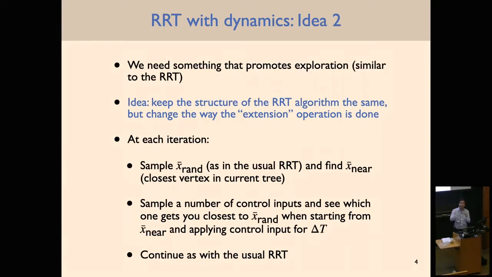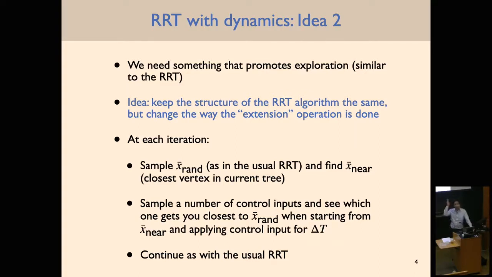If we assume that your robot can execute any trajectory, then we could just connect x_rand to x_near with a line segment. But because your robotic system has dynamics constraints, you can't just follow a line segment in state space, as we saw with the car example, or the planar quadrotor that cannot just translate sideways. So here's one idea: we can sample a number of control inputs and see which one gets you closest to x_rand.